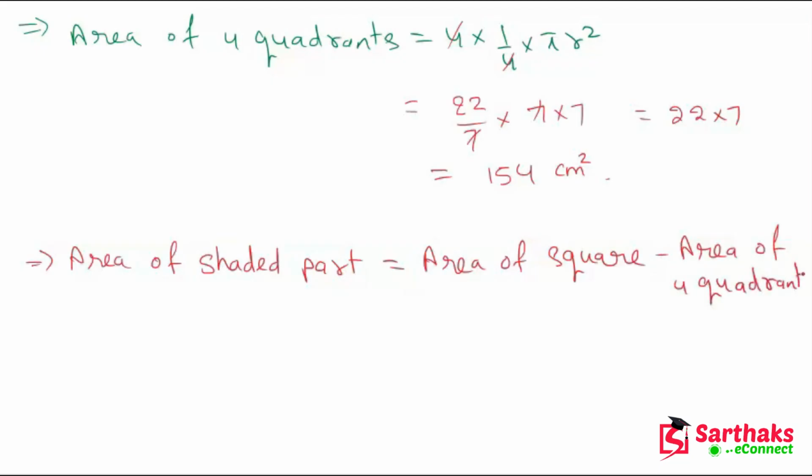Area of the square is 196. Minus the area of 4 quadrants, which is 154. So this will give 42 centimeter square. Okay, my dear friends. So this is our answer. Okay. So now let's move on.